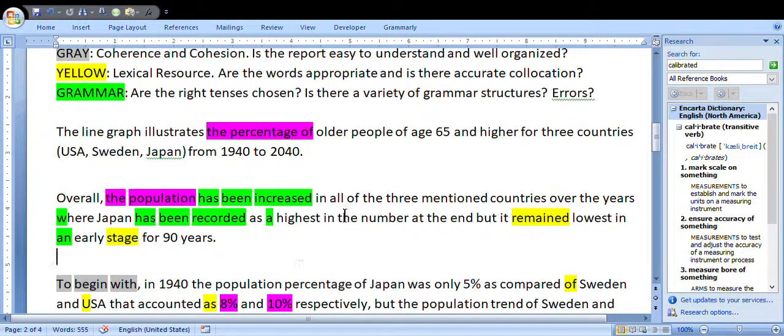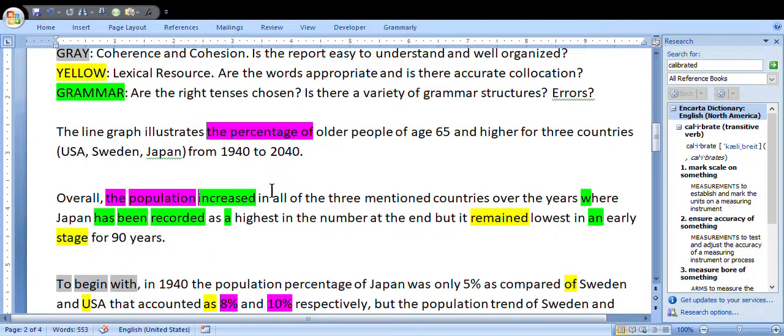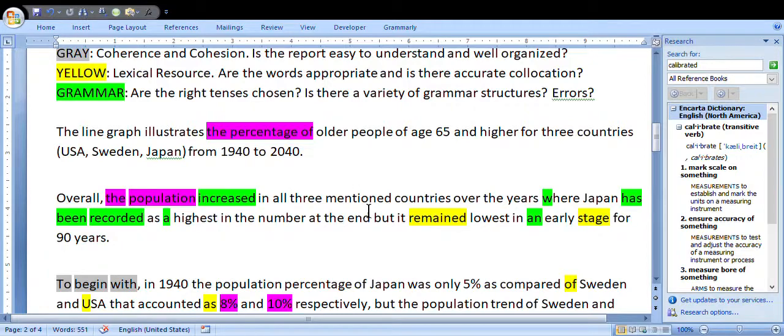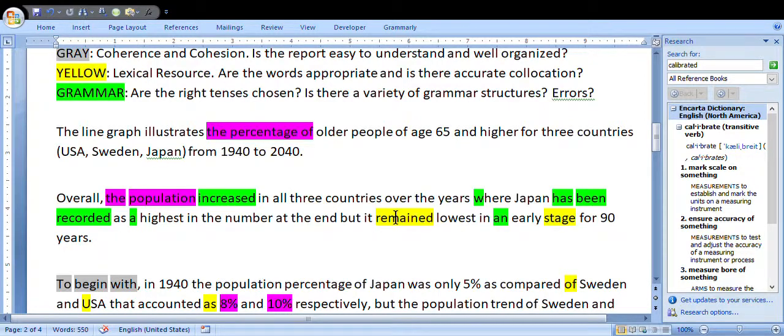Yes, you can increase something, but when you're talking about like population, nothing is increasing the population, so it can't be passive. The population increased, okay? Not has been increased. In all three mentioned countries, we don't even need mentioned, over the years.